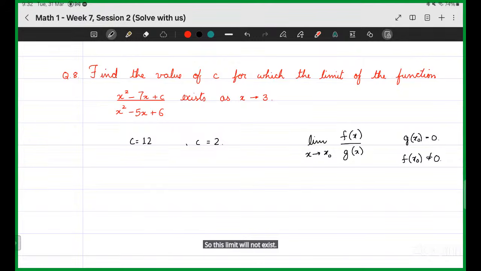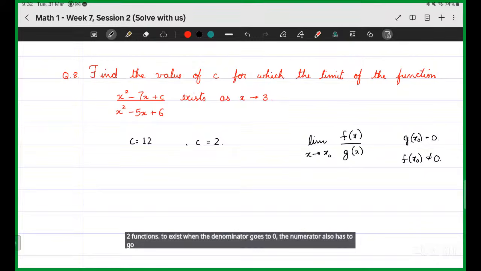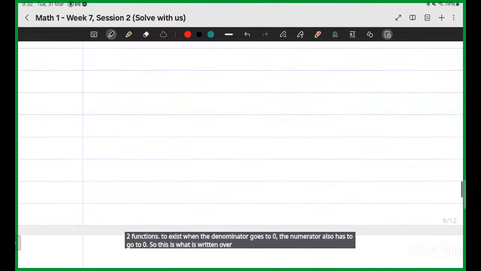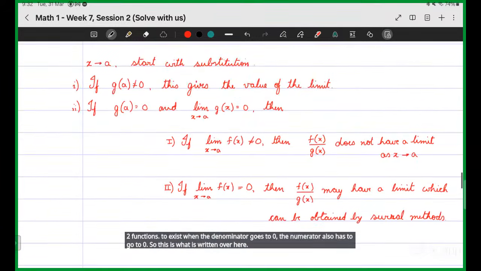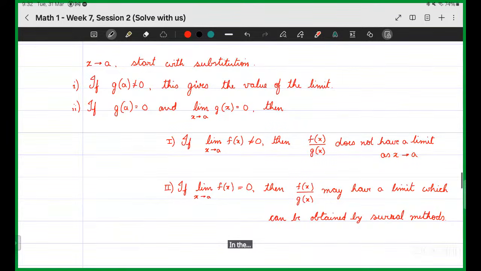The only way for the ratio of two functions to have a limit when the denominator goes to 0 is that the numerator also has to go to 0. So this is what is written over here in the right line. If the limit of g of x is equal to 0, then if the limit of f of x is not 0, the ratio does not have a limit.